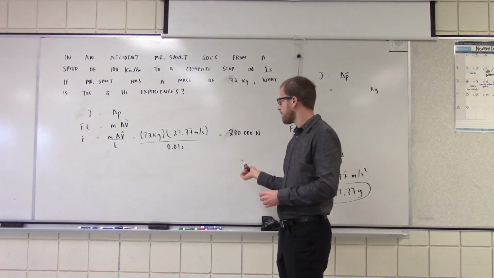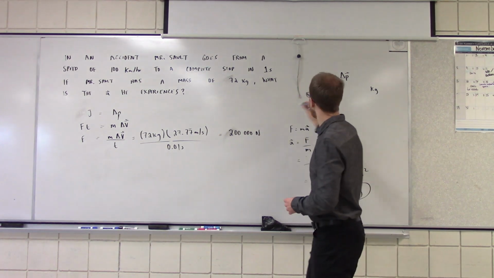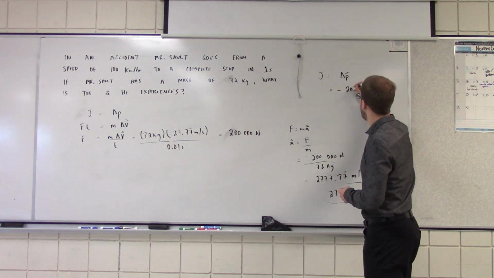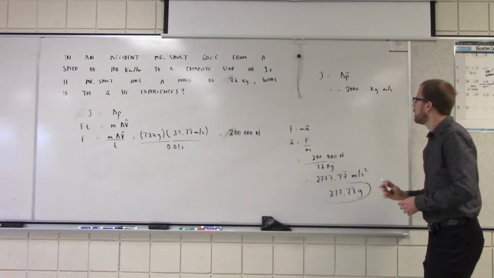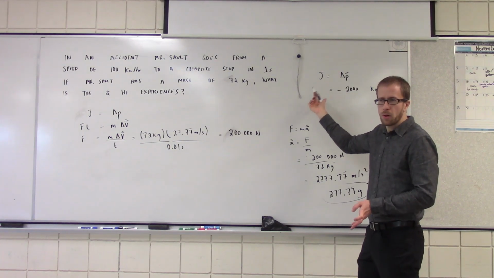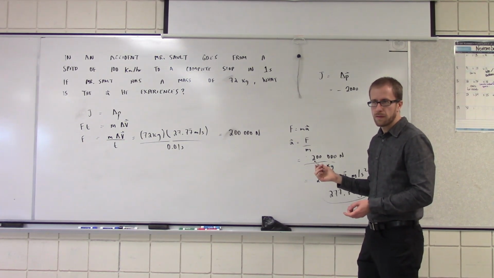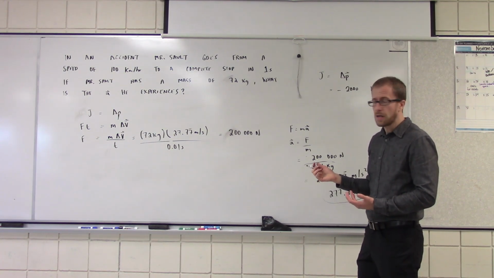What is it going to be? Minus two zeros from this. Give me 2,000. Does that mean my impulse must also be 2,000? Yes, it does.